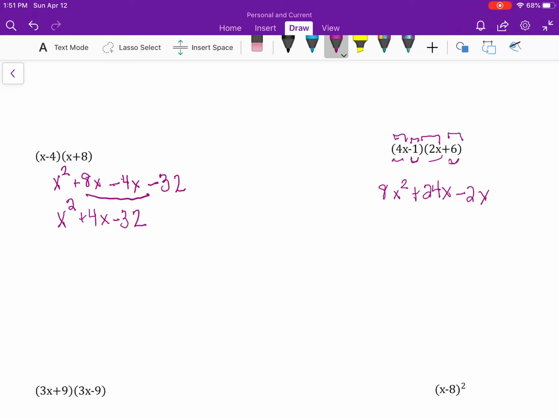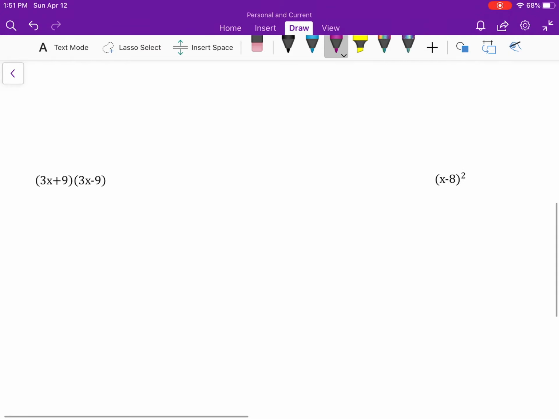And finally, last, negative 1 times 6 is minus 6. Make sure that you're paying attention and you keep that negative sign in there. That's going to make a difference for you. Now I combine my like terms. I should end up with 8x squared plus 22x minus 6. Okay, FOIL.